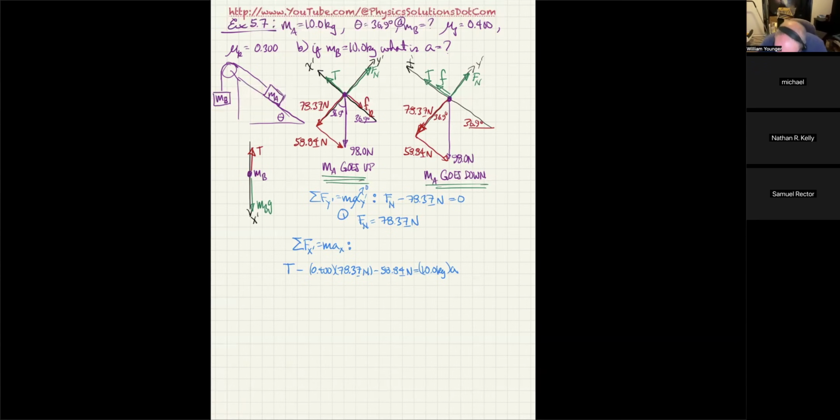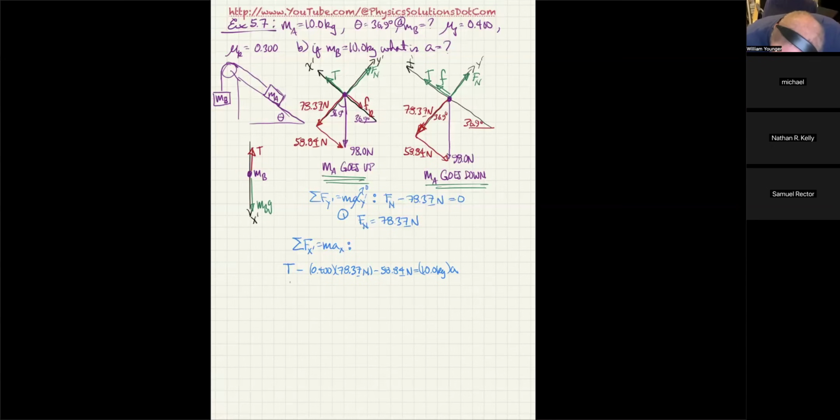So we'll take it from there. Let's go ahead and simplify this by doing the multiplication and the addition. So 0.400 times 78.37 gives me 31.35.